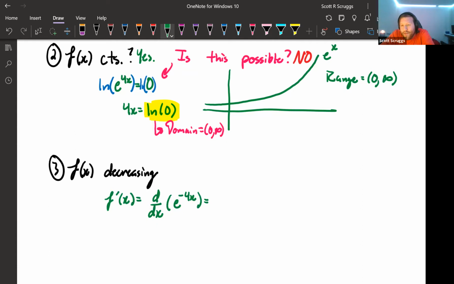So for my function e to the negative 4x, what would that derivative be? Negative 4e to the negative 4x. Yep.